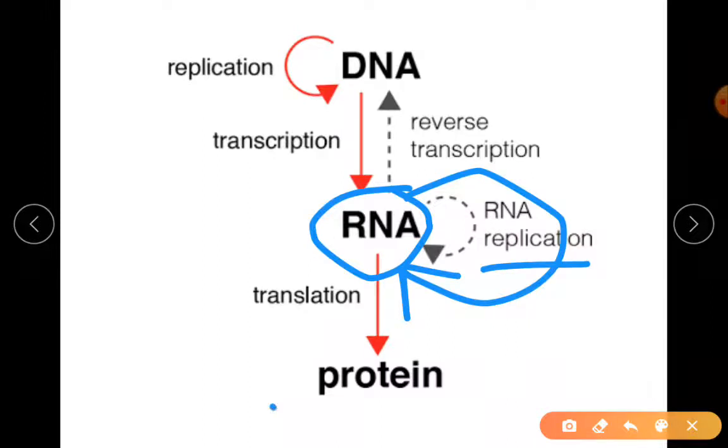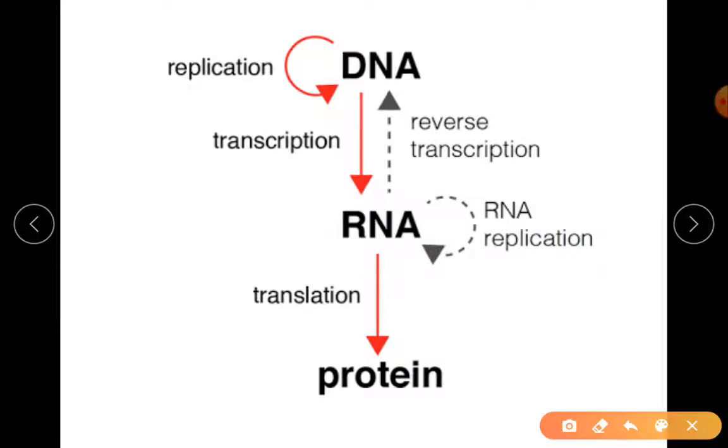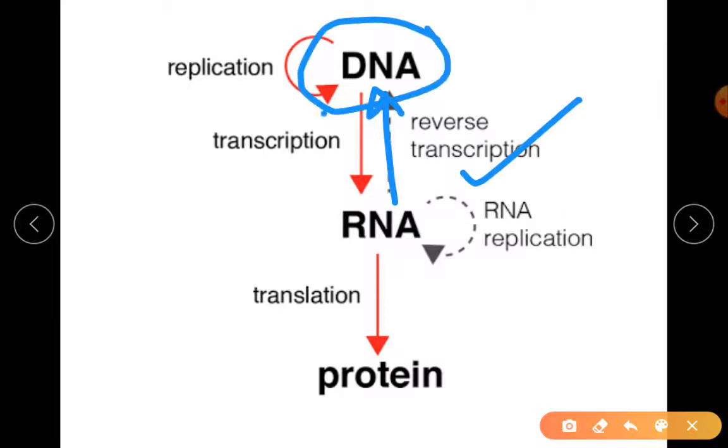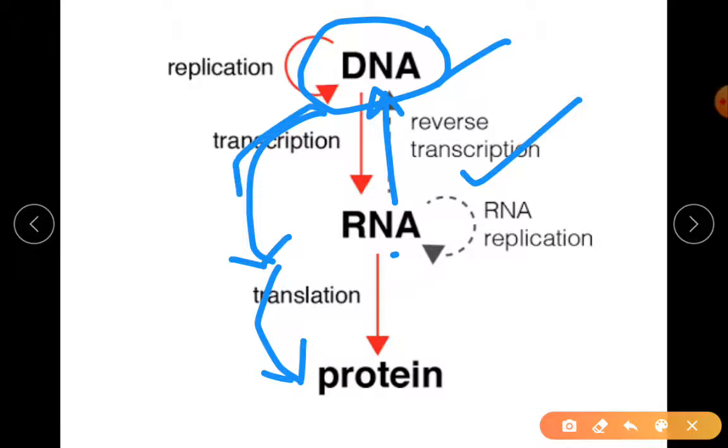But if they have to express, then the process is a bit different. They will undergo reverse transcription. That is, they form DNA. From DNA to mRNA, mRNA to protein. So this is the direction: RNA to DNA, DNA to mRNA, mRNA to protein. This is in the case of retroviruses.